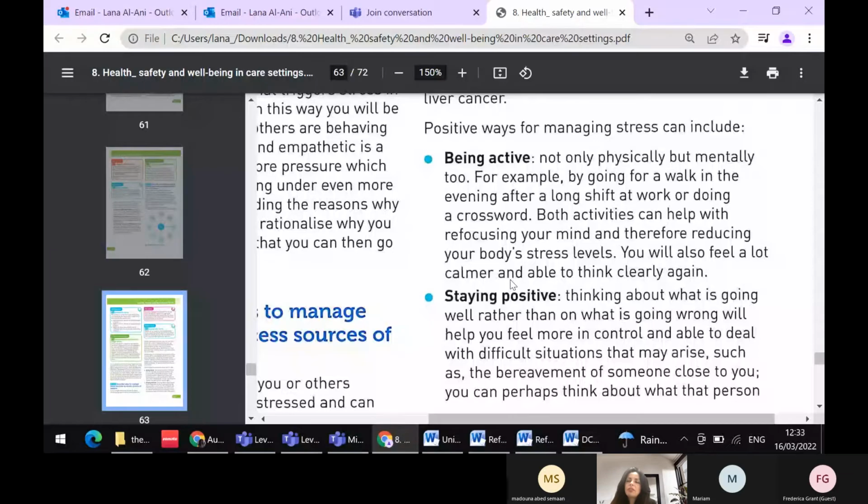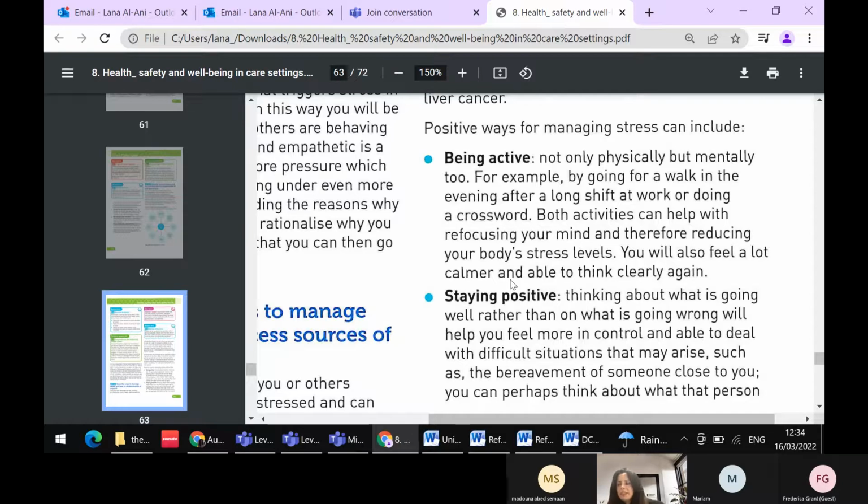I have so many stressful things in my life. So how can I manage my stress? I always try to be positive. Even if the situation is not positive, I try to look at the best things in any situation. So for you, the best way to fight stress is by being active, being positive.